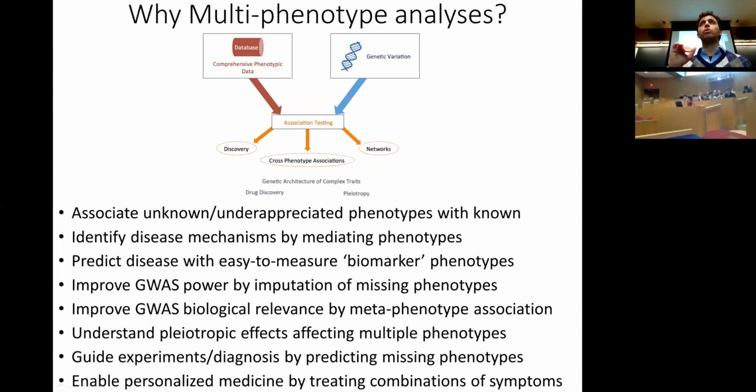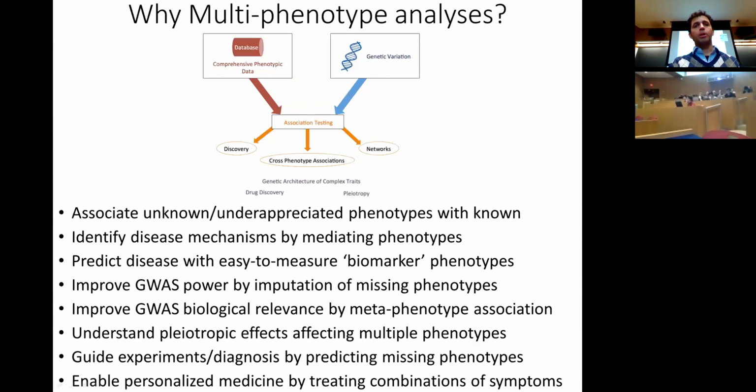And therefore, you can use these highly correlated variables to impute the missing data across different phenotypic variables, and then improve your GWAS power by imputing the missing phenotypes across the entire cohort. So even if you've only measured that particular lipid level in the blood to, I don't know, 1,000 individuals, you may be able to impute it across 100,000 individuals and therefore boost your power greatly.